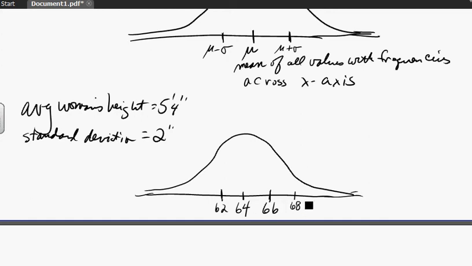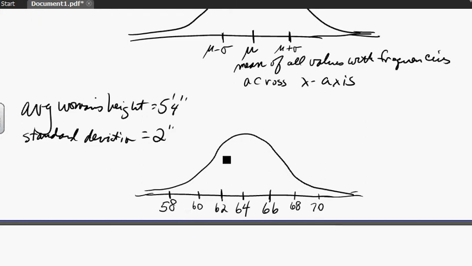The mean plus 3 standard deviations would be. The mean minus 2 standard deviations would put me at 60. The mean minus 3 standard deviations puts me at 58. We tend not to go more than 3 standard deviations.